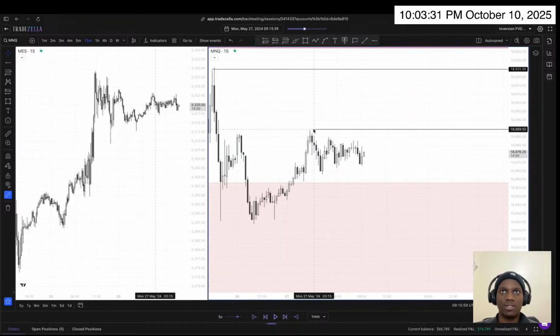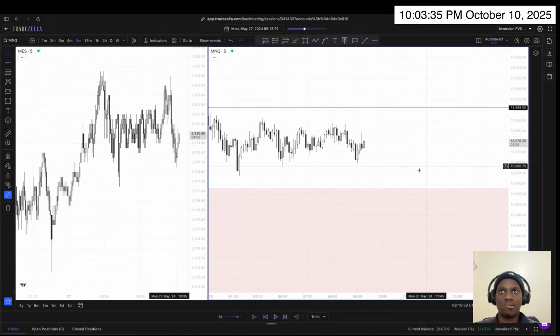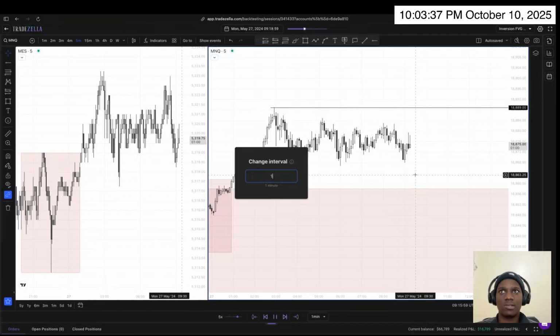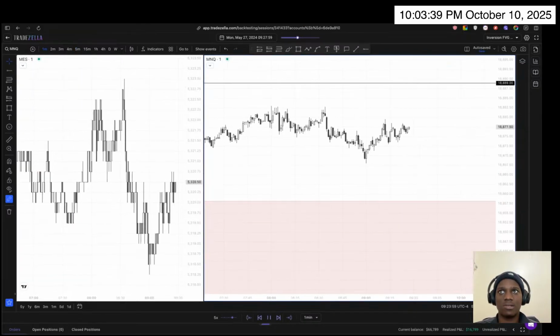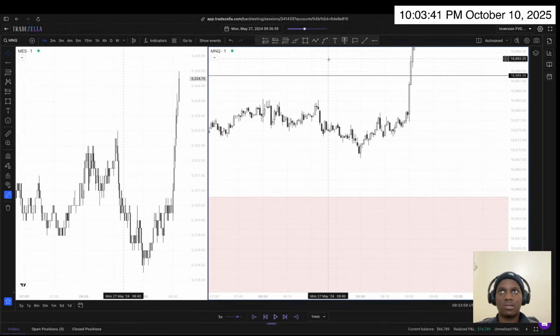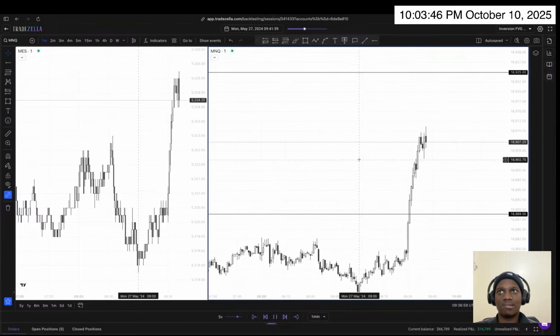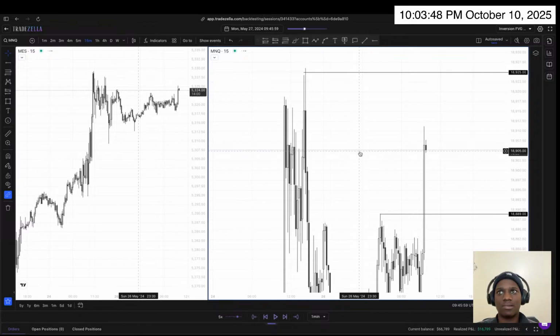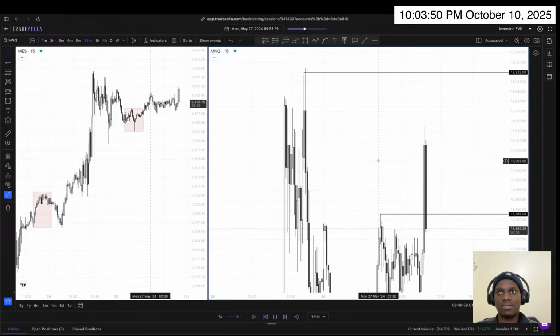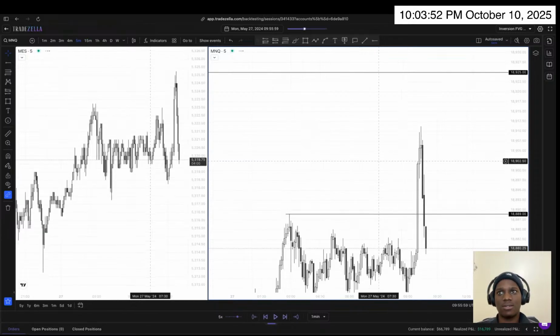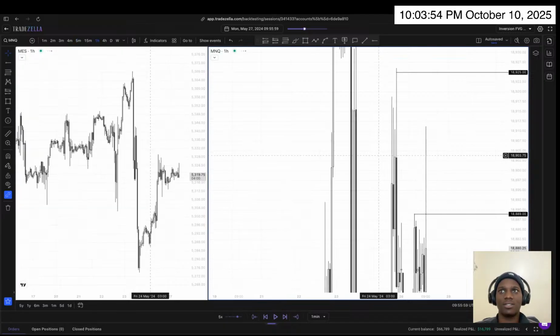If you can run sell side, then I'll target this and this. The open rally is higher. So this is savage. We've run this high here, and now we're starting to drop.